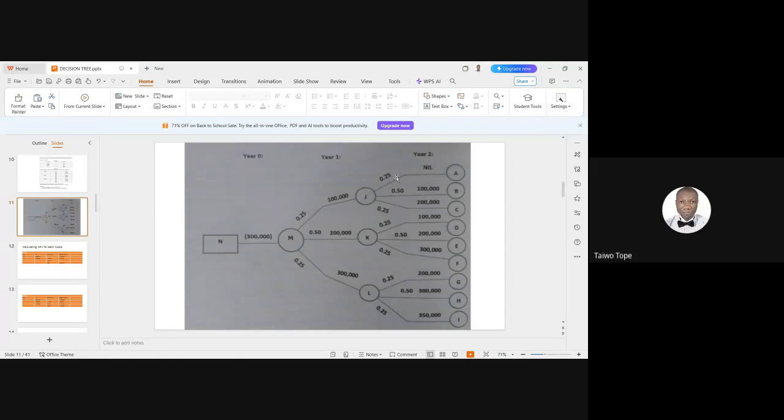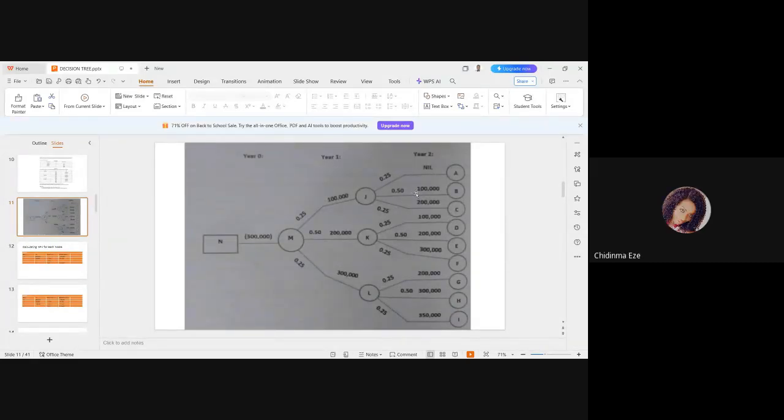For node A, look at this diagram: the probabilities are 0.25 for year 1 and 0.25 for year 2. For node B, 0.25 for year 1 and 0.50 for year 2.